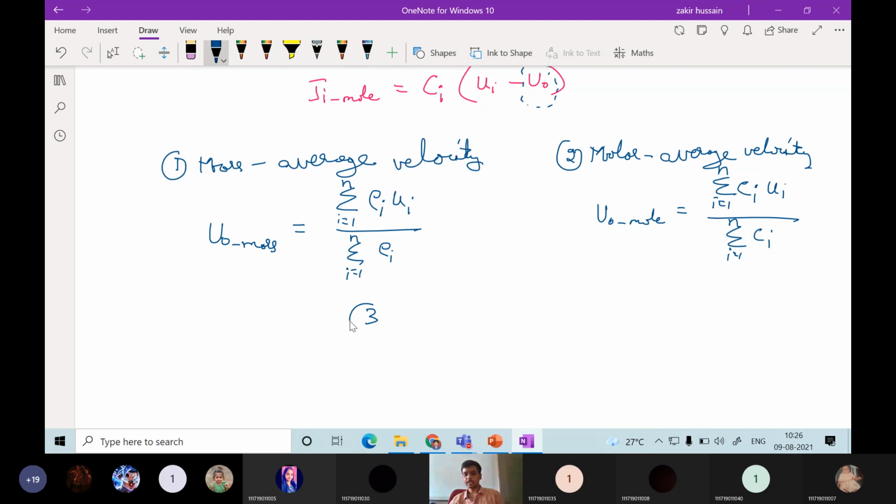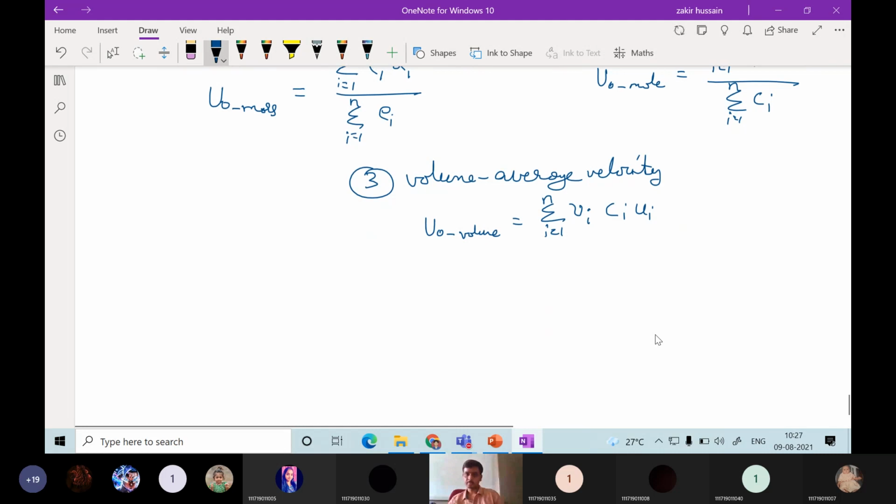The third quantity is the volume average velocity, denoted by u naught volume, equal to the summation from i equals 1 to n of nu i times C i times u i, where nu i is the partial molar volume.